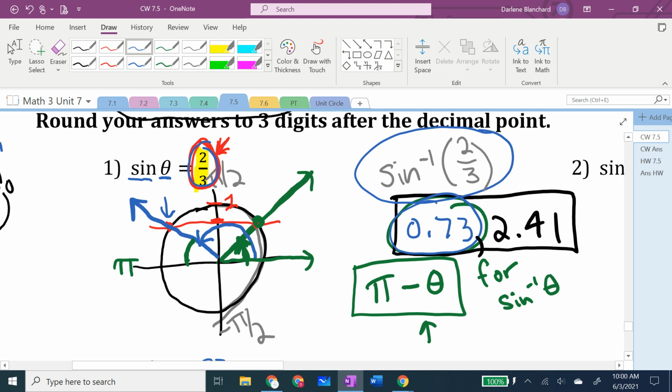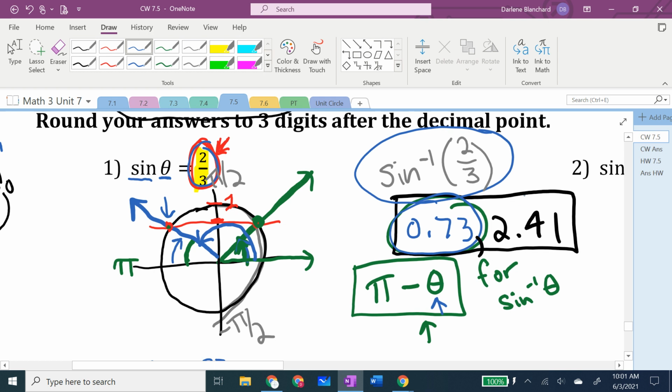Now, you are going to be allowed to use formulas for the test, so you don't have to memorize this, but I want you to see that if you get this angle, subtract that same amount from pi, and you will get its horizontal equivalent position. And so pi minus the answer that you get from your calculator will give you the other point within a cycle that has that same answer to sine.